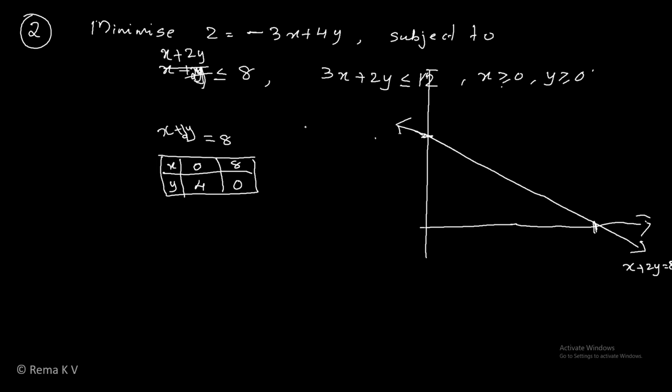And now the second one is 3x plus 2y equal to 12. The table of values here: x, y. When x is equal to 0, y becomes 6, and when y is equal to 0, x is equal to 4. So it is 4, 0 and 0, 6.